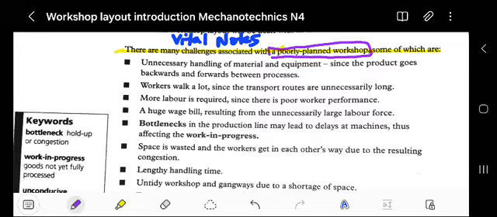Okay, we have point one there. If you have a poor workshop, you will have unnecessary handling of material and equipment. Why? Since the production goes back and forth between the processes, you have not planned accurately.